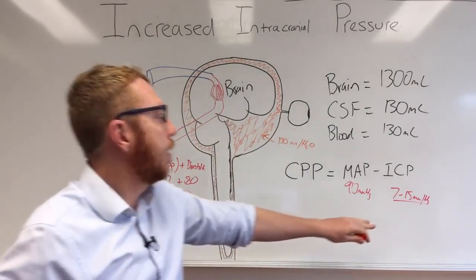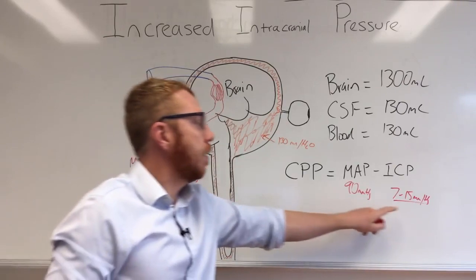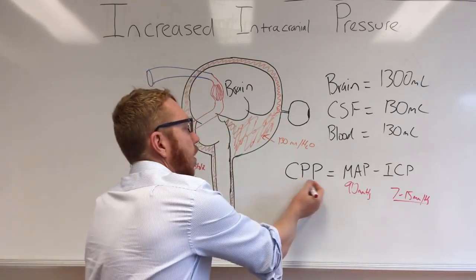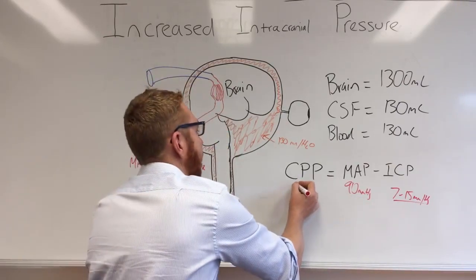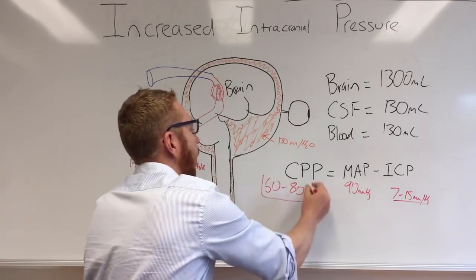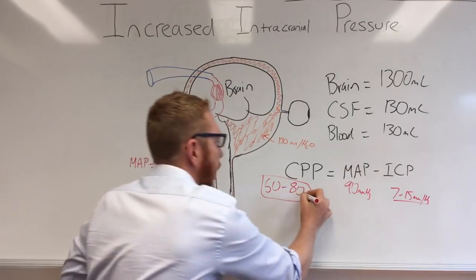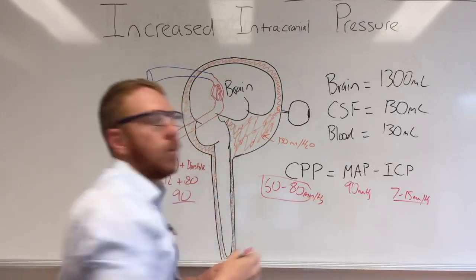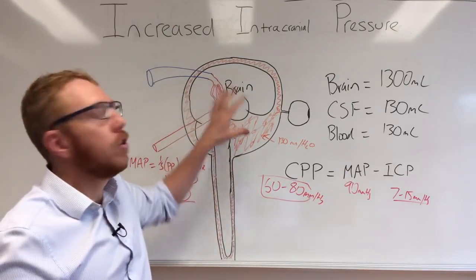Okay, let's just say 10. And so that 90 minus 10 is going to give you a cerebral perfusion pressure of, let's say, 80. And the normal range is about 60 to 80. That is millimeters of mercury. That is what's required to perfuse your head.